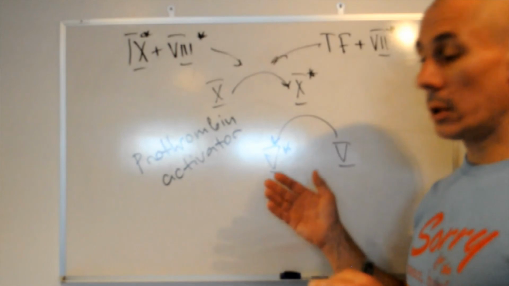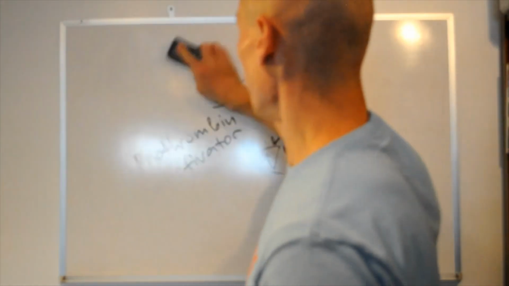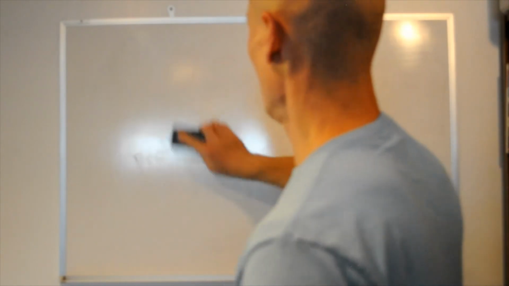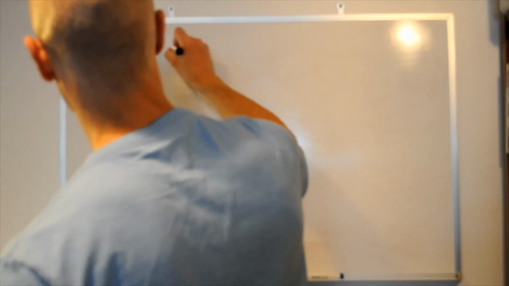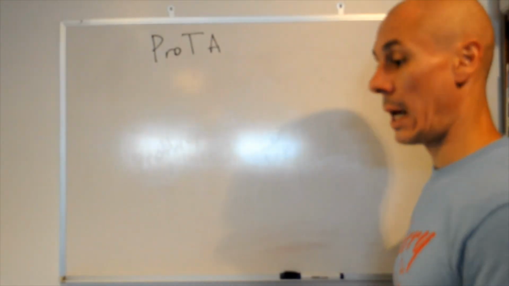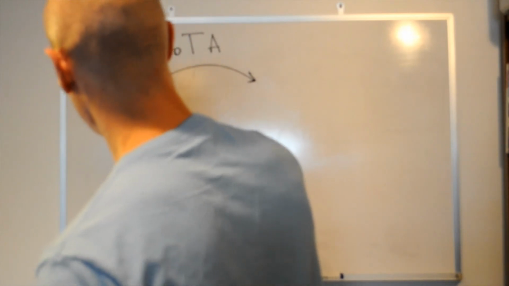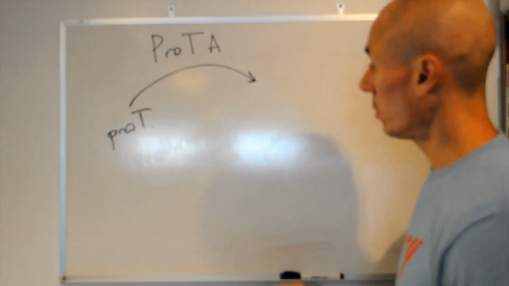And then the common pathway. So let's talk about the common pathway a little bit more. In the common pathway, we start with prothrombin activator. Obviously from the name you can guess that prothrombin activator activates prothrombin into thrombin.